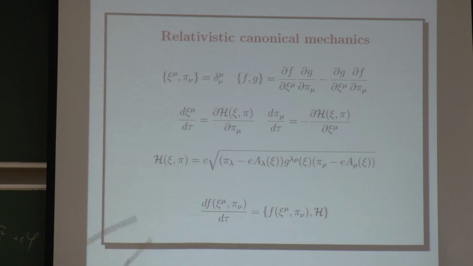Everything will be clear. I claim now that if I take my Hamiltonian in this relativistic form, which looks similar to this because there is a square root. However, here we have summation over all 4 indices. Moreover, we have the metric tensor here, which could in principle depend on the positions. And what is really surprising, it was certainly surprising to me, is that the placement of the metric tensor here does it all.